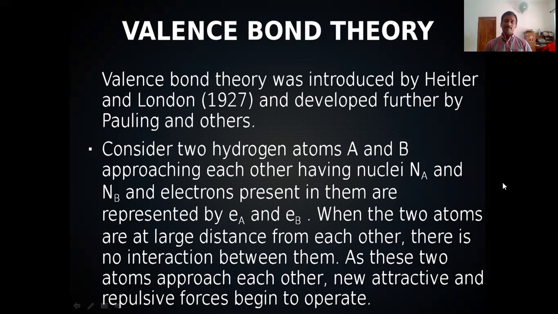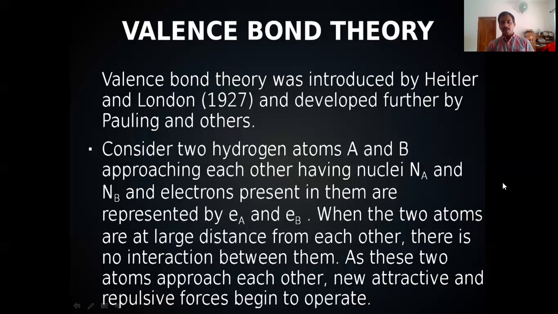It is the attraction between Na and Eb, and the attraction between Nb and Ea. Na and Eb mean the nucleus of hydrogen atom A and the electron of hydrogen atom B. Nb means the nucleus of hydrogen atom B, and Ea, the electron of hydrogen atom A. These are the two attractive interactions developed.